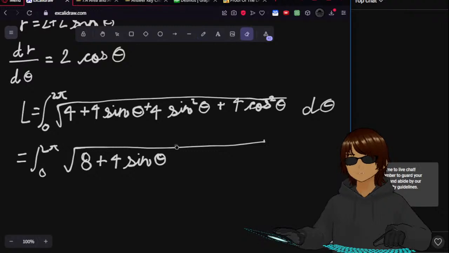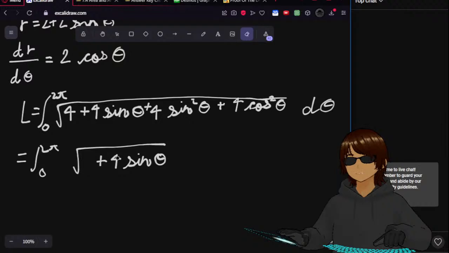We can extract 4 out, right? Divide both sides by 4. 2. And then we get 2 here. You're finding the arc length, so this is going to be positive.